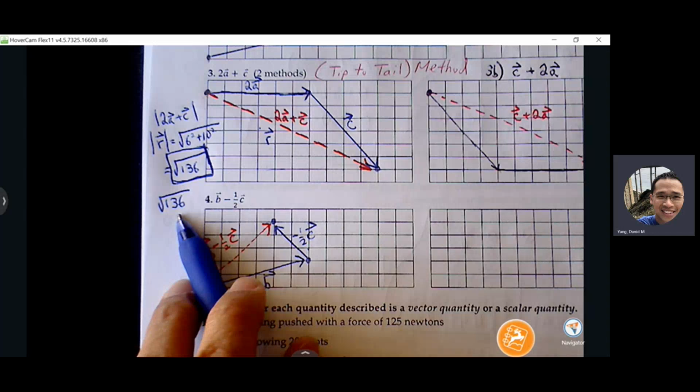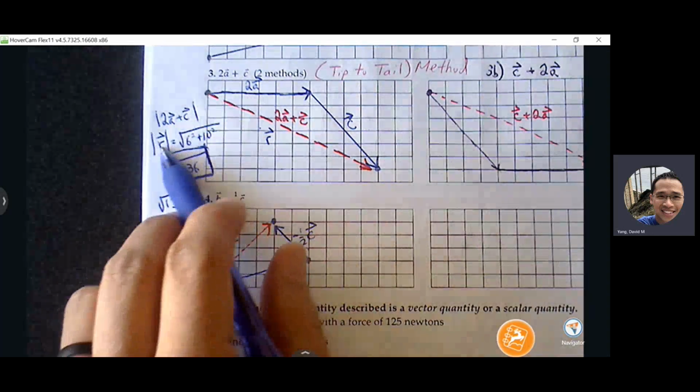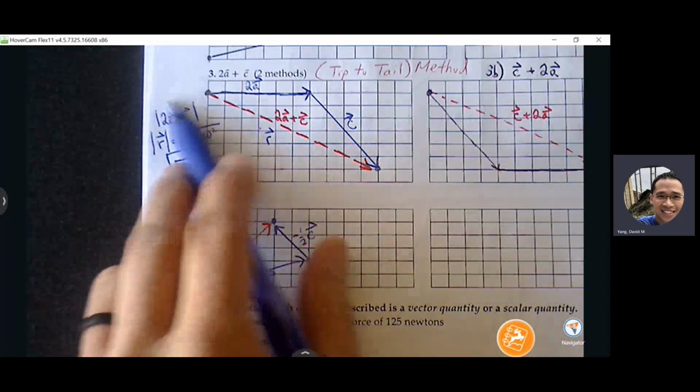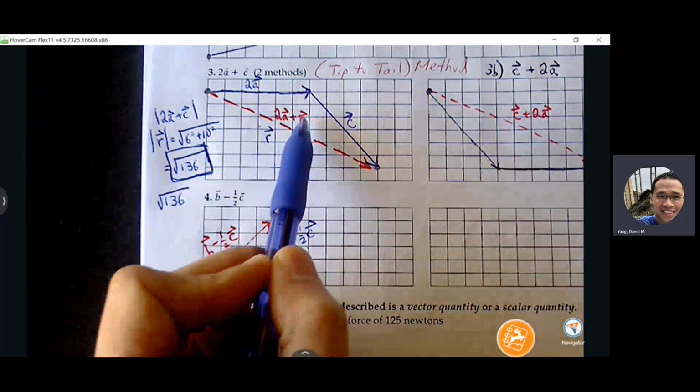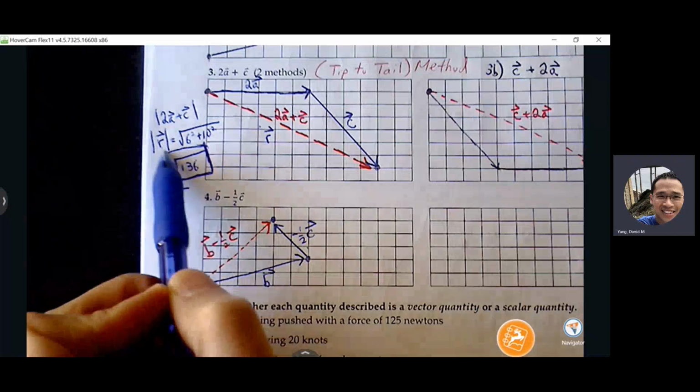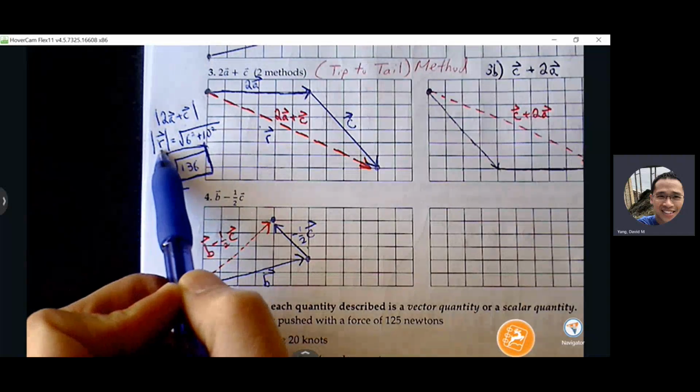There are two different ways. This way feels a little bit longer, but you can do it this way, or you can just call this the resultant vector and say the magnitude of the resultant.